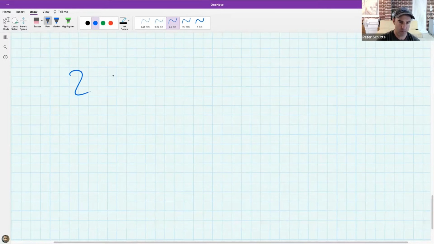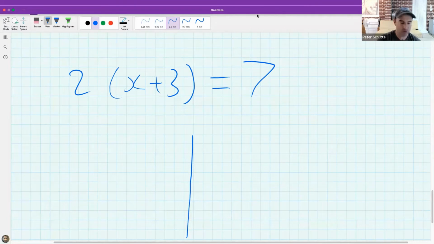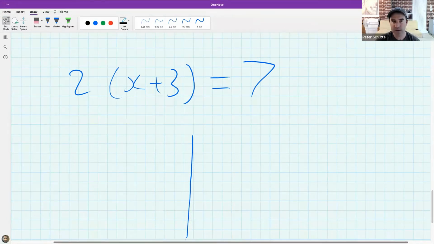If I say to you, here is an equation, and I want you to solve for x. There are actually 2 ways we can do this, and I'm going to show you both. But I would love for students in the class to just either put in the chat or give me some feedback about how they would approach this.